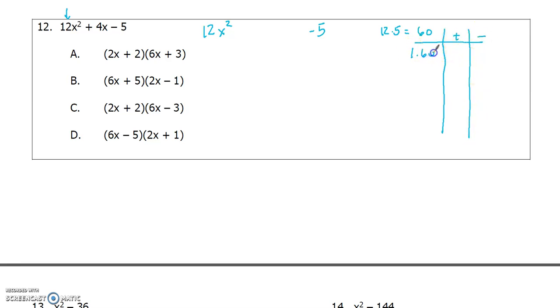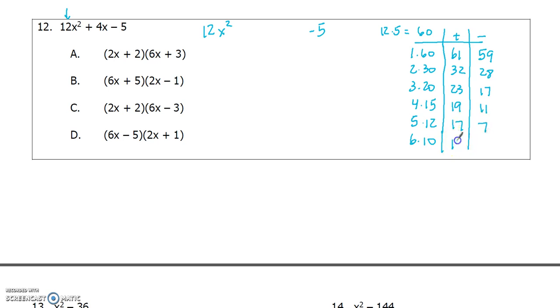So we have 1 times 60, 2 times 30, 3 times 20, 4 times 15, 5 times 12, 6 times 10. And we will add and subtract for each pair.